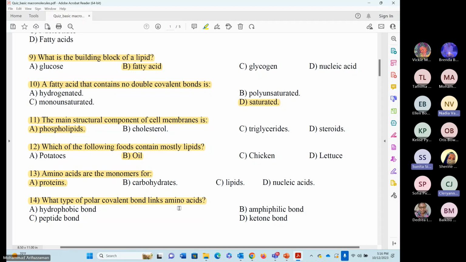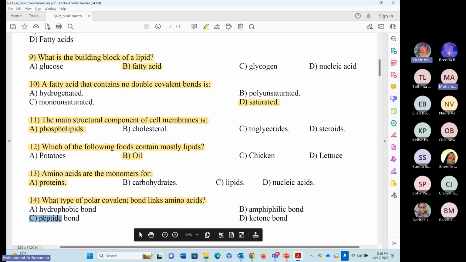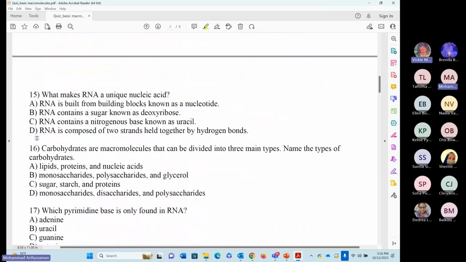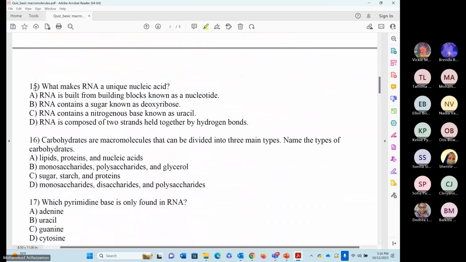Is it C? It is a peptide bond. Very good. Between amino acids the peptide bond is formed. Okay. Now, what makes RNA a unique nucleic acid?